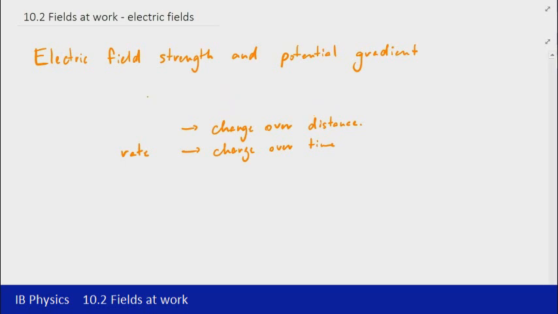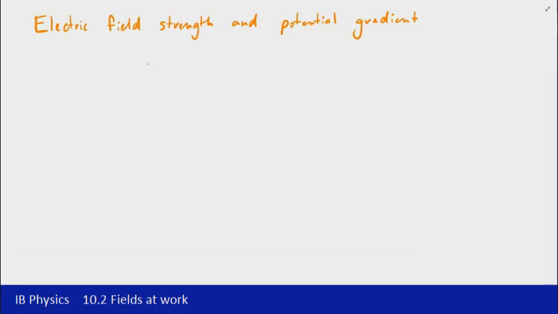So just something to keep in the back of your mind as we look through some of these concepts, and just to be aware of the different use of the term gradient, whether it's to do with a graph or to do with a change over distance. Okay, linking back to Unit 5, and we also mentioned it briefly earlier in Unit 10 as well.